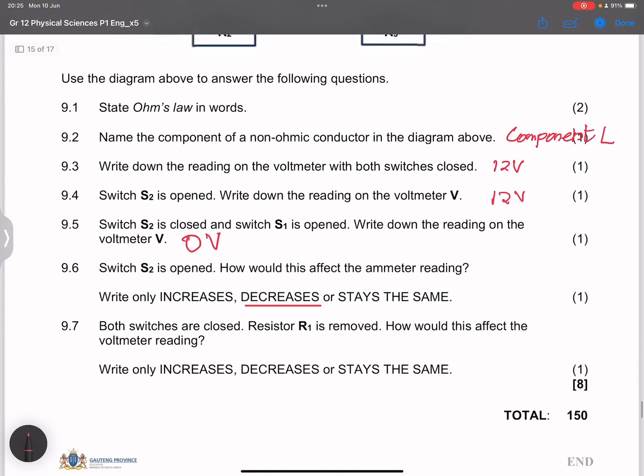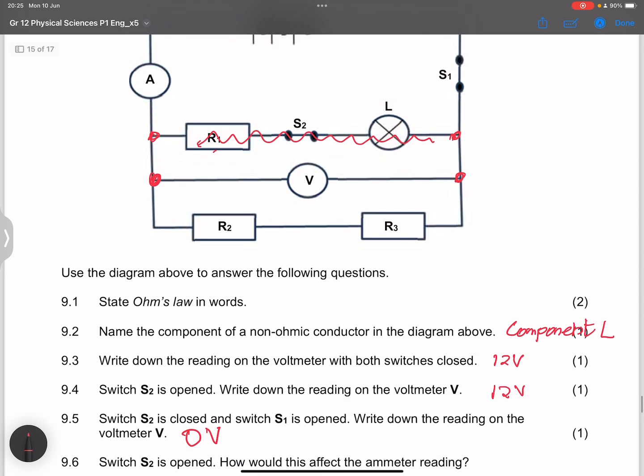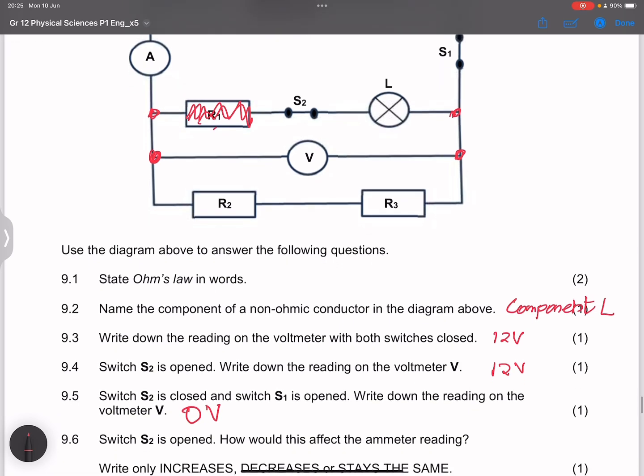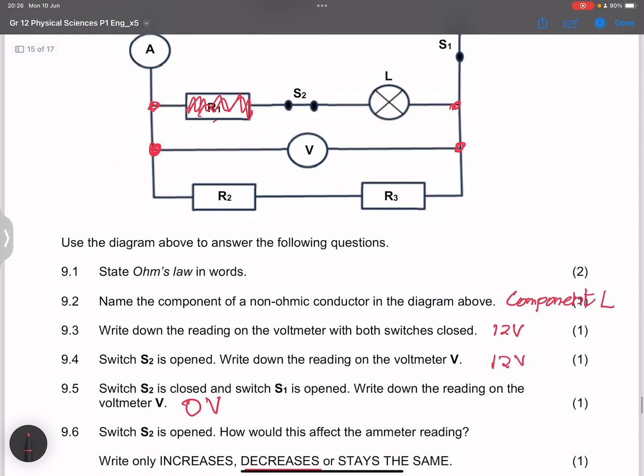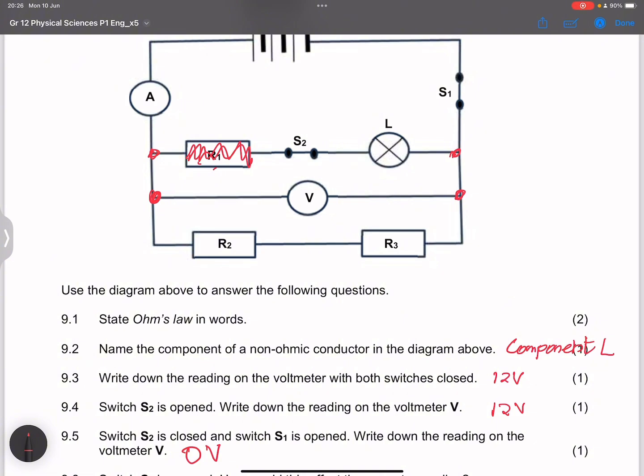And then finally, they say both switches are closed and R1 is removed. How would this affect the voltmeter reading? By removing that resistor, the external resistance of the circuit is going to decrease.